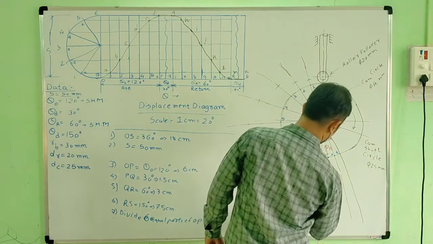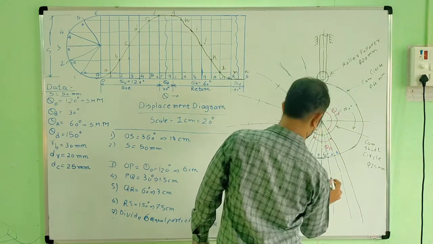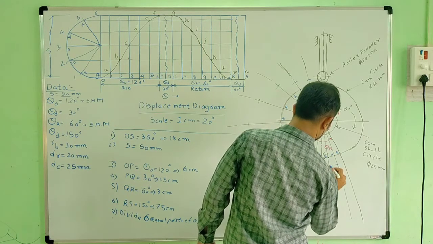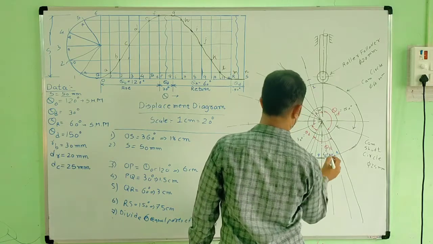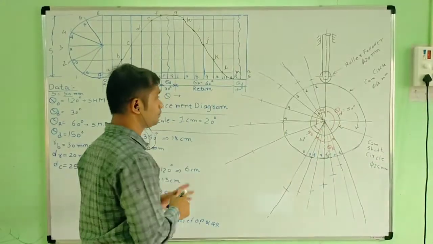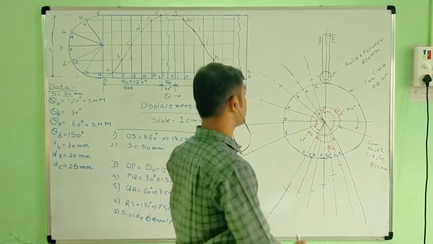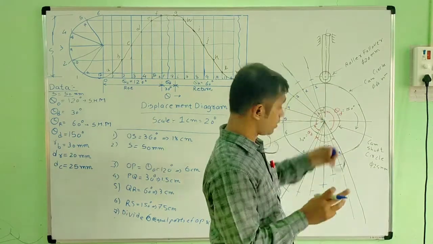Okay. Now from this point we have to draw a circle. Okay. So you have to draw a roller circle, of the roller diameter.